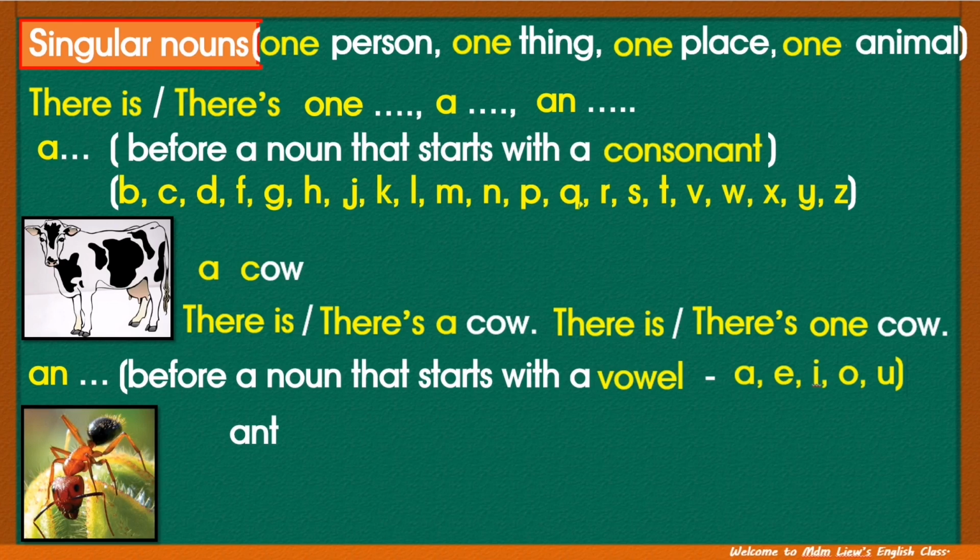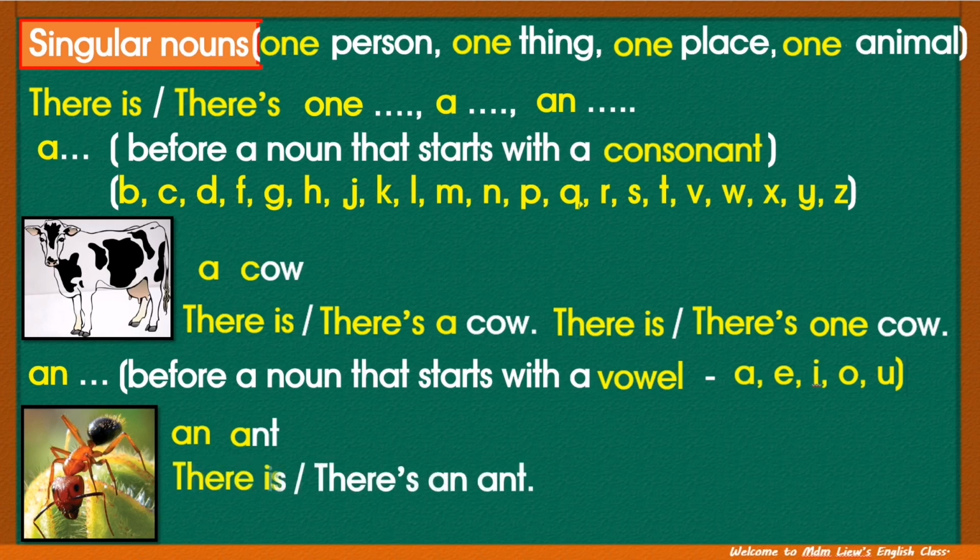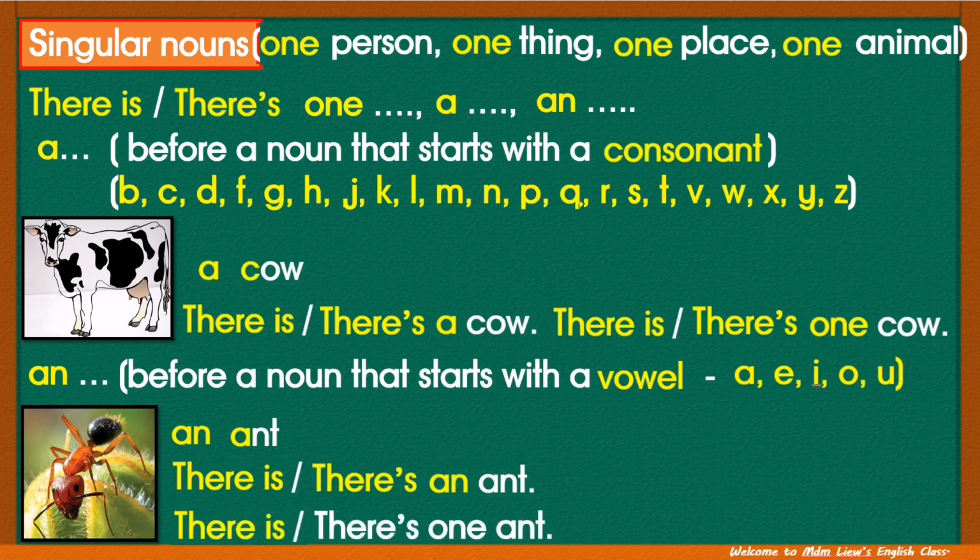The noun ant begins with a vowel sound A. So, we can use an to indicate it is singular. An ant is a singular noun. So begin your sentence with the phrase there is or there's followed by an and the noun ant. Or you can write there is or there's one ant.